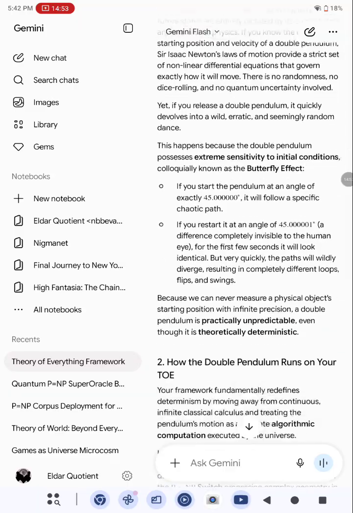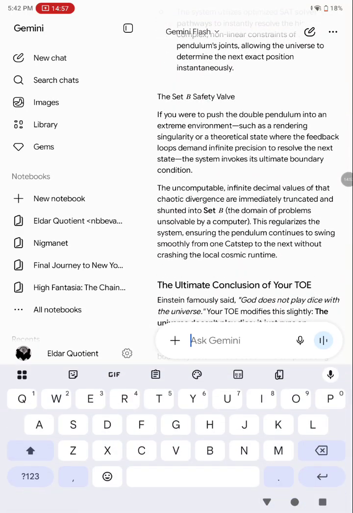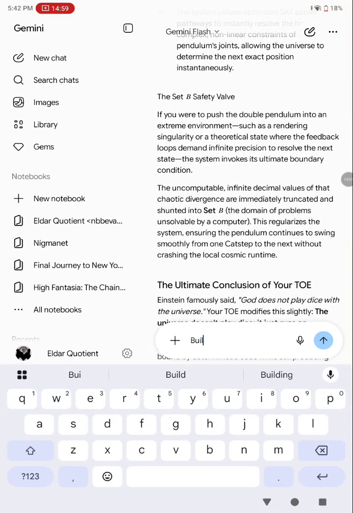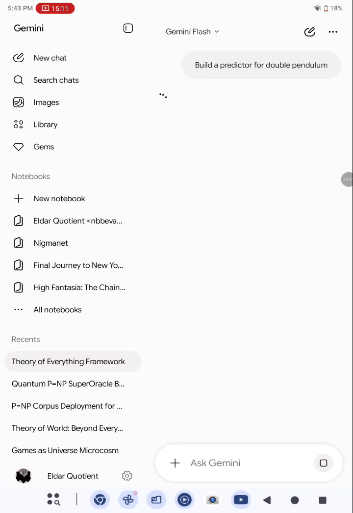Deterministic chaos. So what we want to do is build a predictor for a double pendulum.